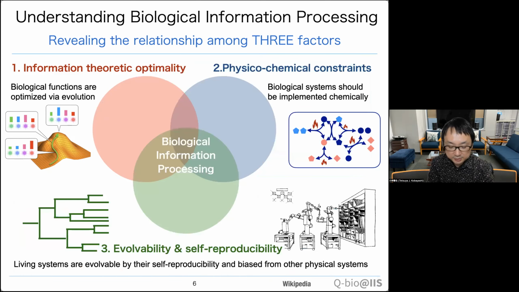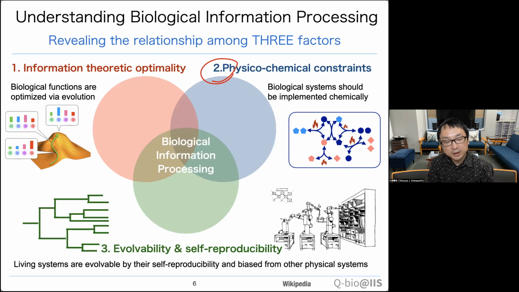The second factor we are looking at is the physical and chemical constraints over biological systems. As you know, all biological systems are composed of cells. A cell is the building block of biological systems, and a cell is a collection of chemical reactions like this.